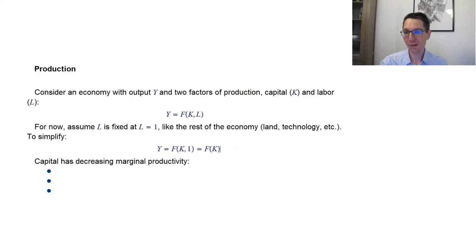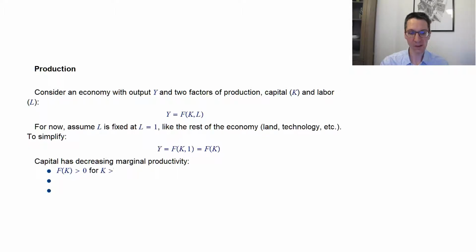Now capital has its usual properties in terms of production. So it has decreasing marginal productivity. What does that mean? Well, first of all, if I have some positive amount of capital, I should be able to produce some positive amount of production. So f of k is greater than 0 for k greater than 0.